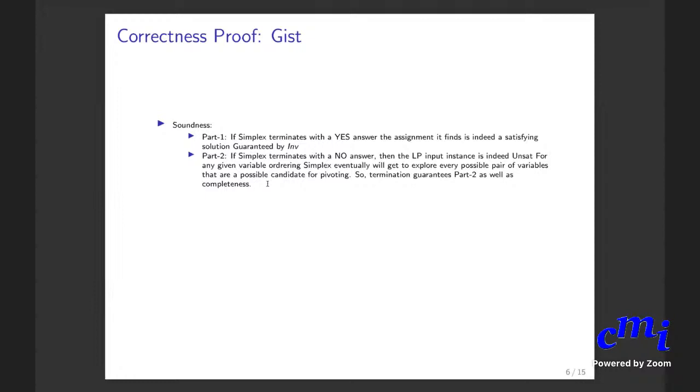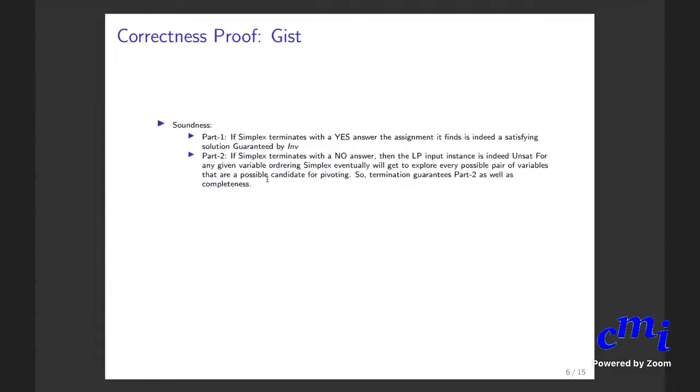The tough part is the second one, as to why, when you cannot make any further progress, you terminate with a failure and say unsat. Why should that be the case?